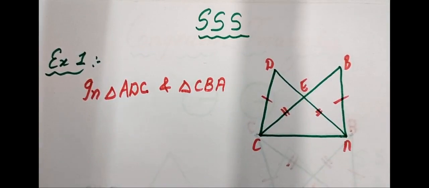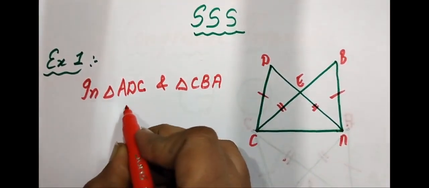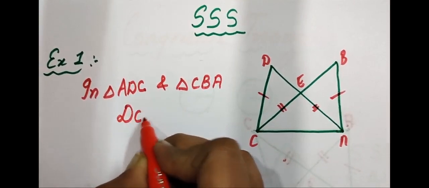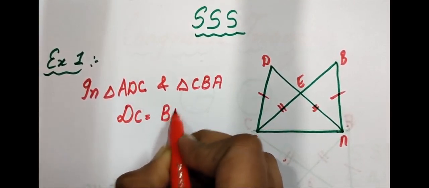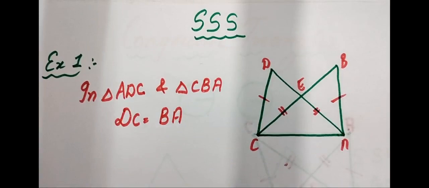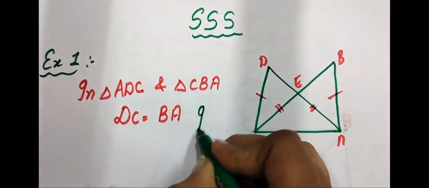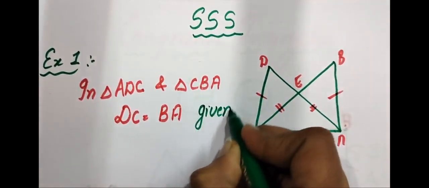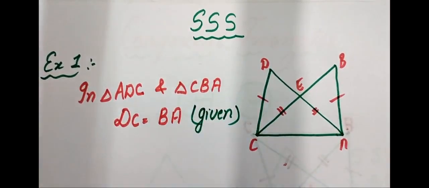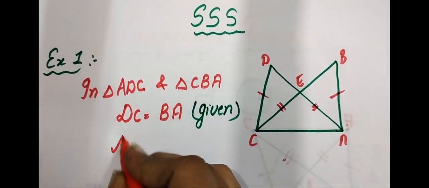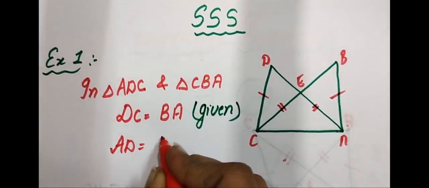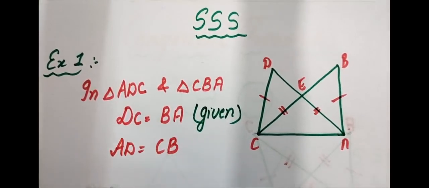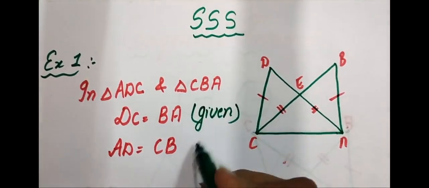Now we'll write down the given conditions. First one is DC is equal to BA. This one is given, so we'll write down the reason after it. We are writing this because it is given. The second condition is AD is equal to CB. This is also given.